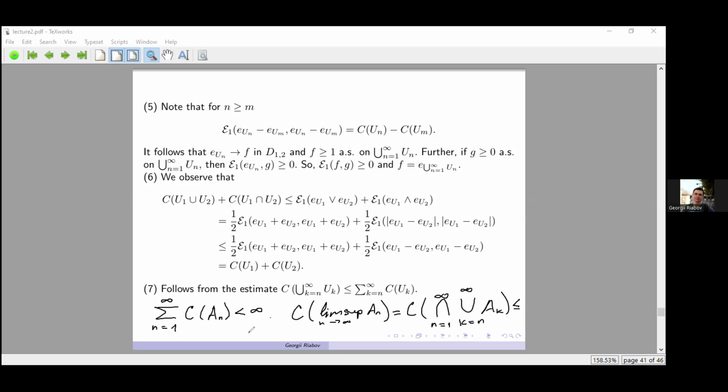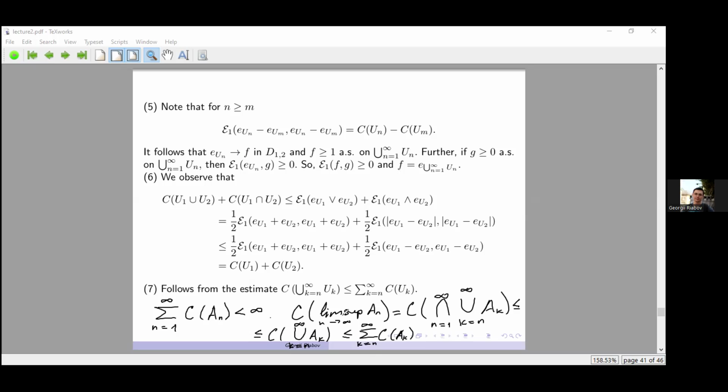The intersection is smaller than any set of this form, and the capacity of the union is smaller than the sum of capacities of A_k.